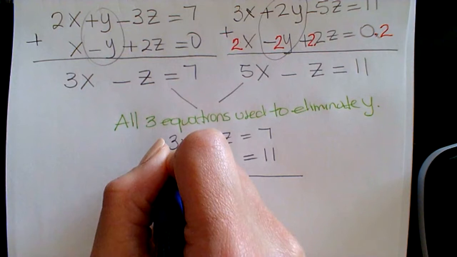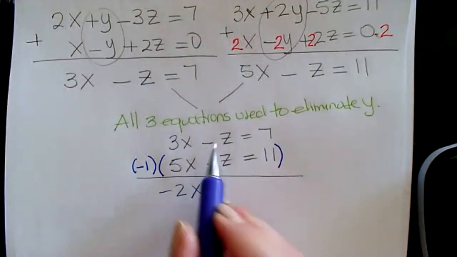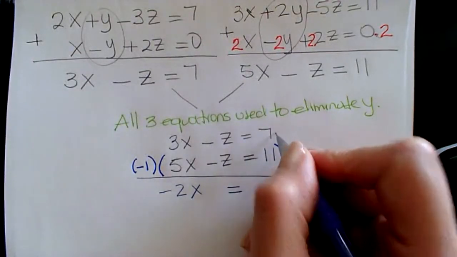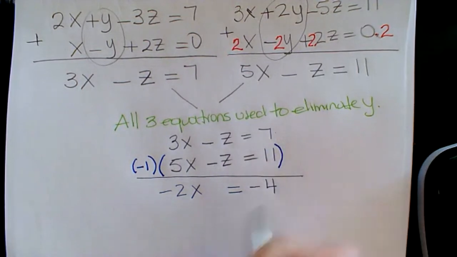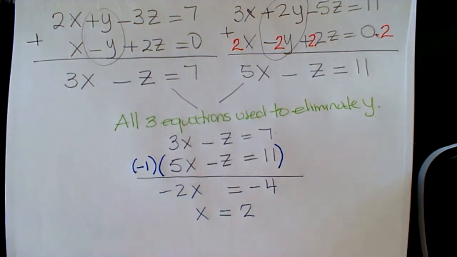If I do that, this is going to be negative 5, so I'm going to have negative 2x. This is going to be positive z plus negative z is 0. This is going to be negative 11 plus 7, negative 4. And this is going to give x equals 2.